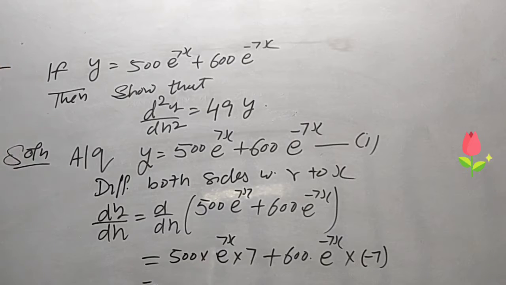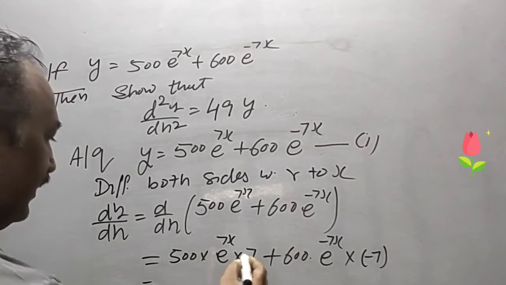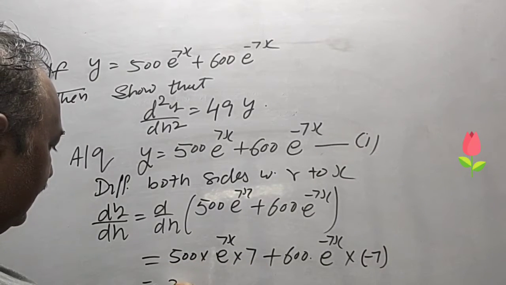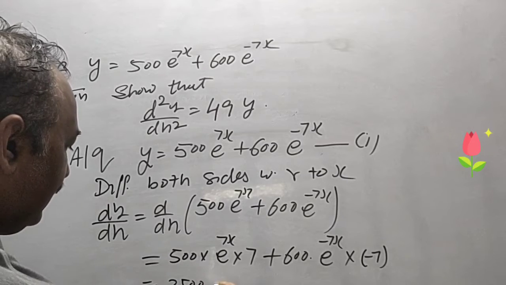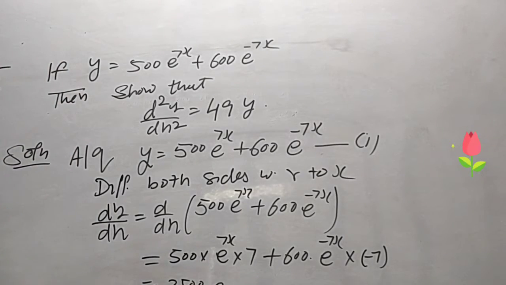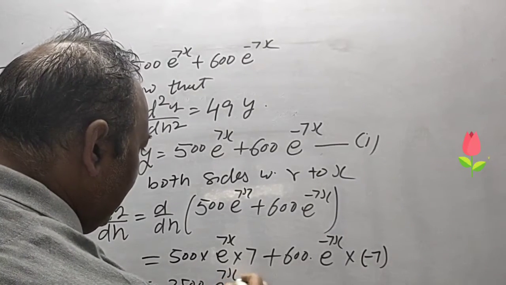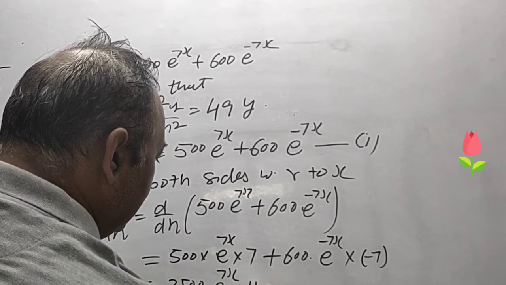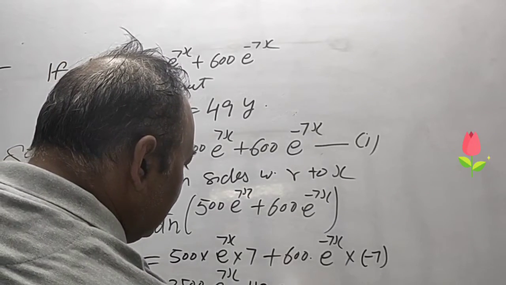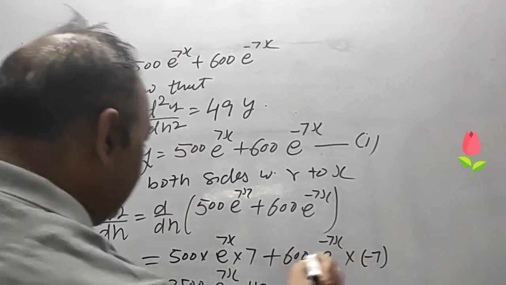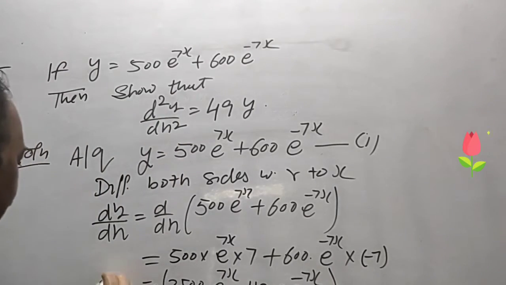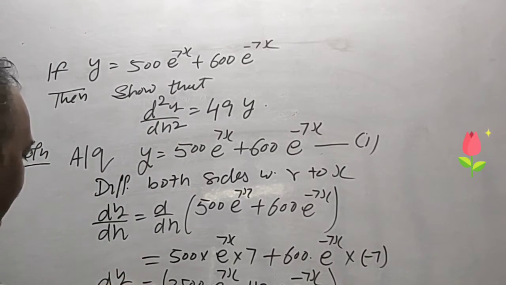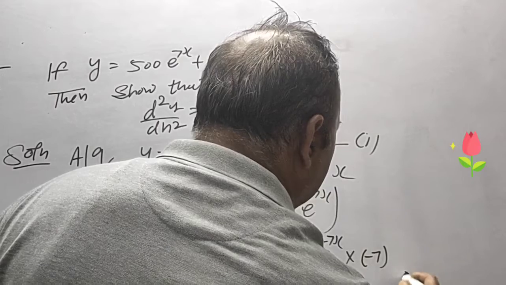And it becomes 3500 e raised to power 7x minus 4200 e raised to power minus 7x. This is the value of dy upon dx. This is just first order derivative.